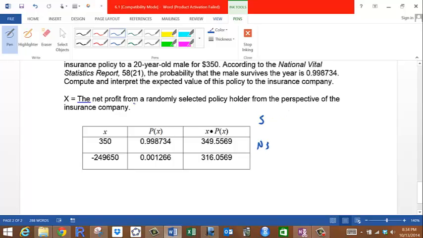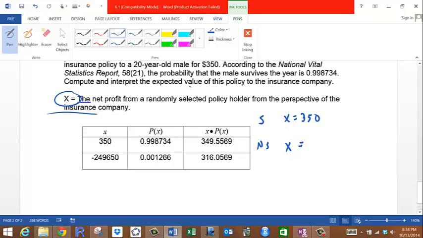If he survives, then X, the net profit to the insurance company, would be $350, because they keep it. If he does not survive, then there's no net profit. They're actually losing a lot of money.